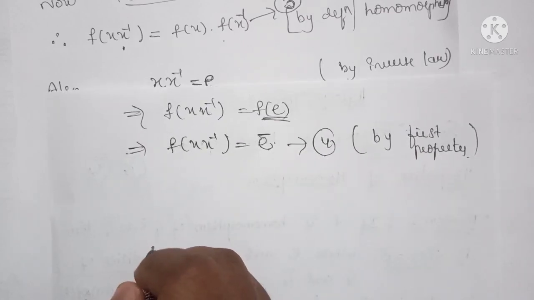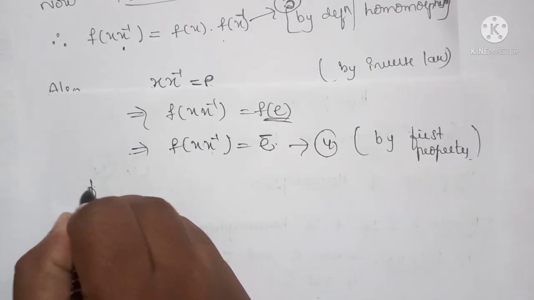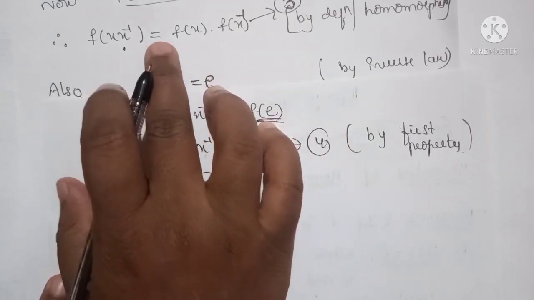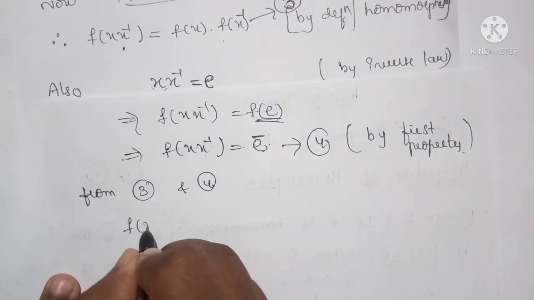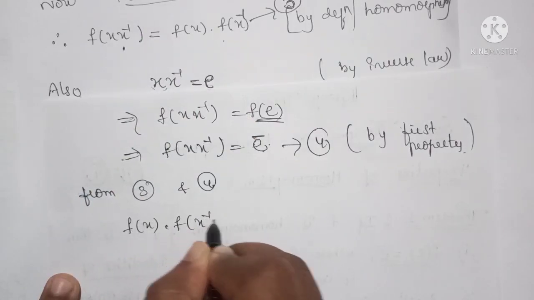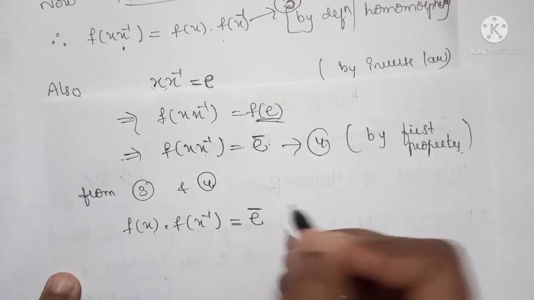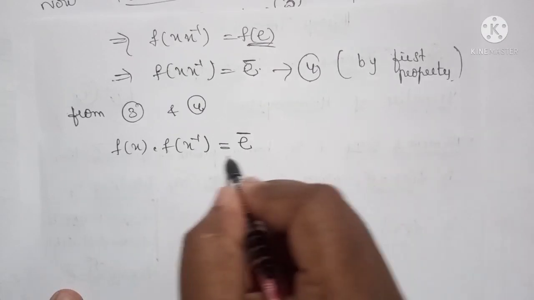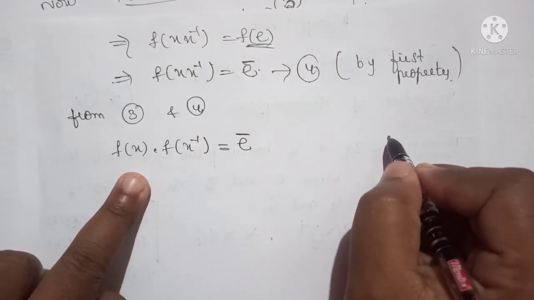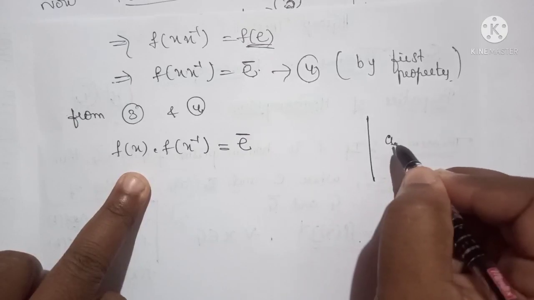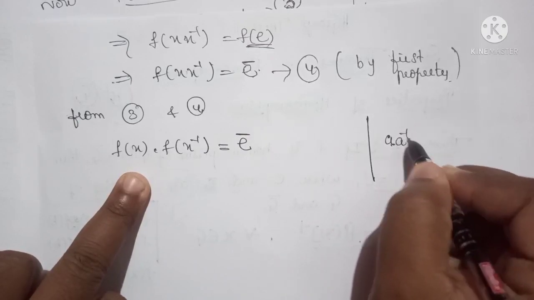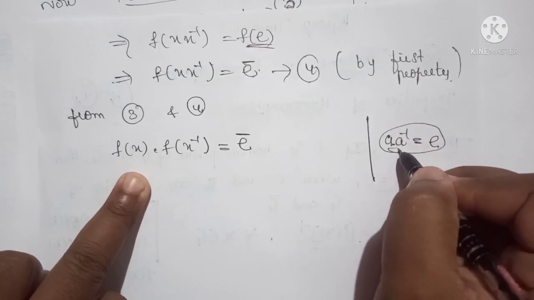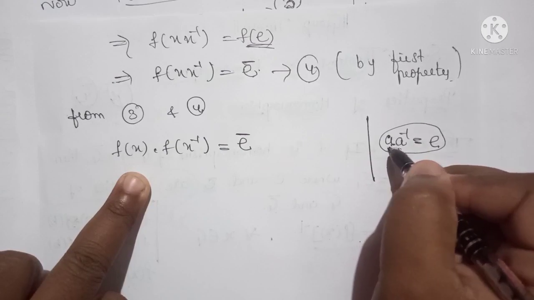Now, equating equation 3 and 4, we can write: this is equation 3, f of x into f of x inverse equals E bar. On comparing this with the inverse law, the inverse law states that an element into its inverse equals E. So if we get it in this form, we can say that this a inverse is the inverse of this a.